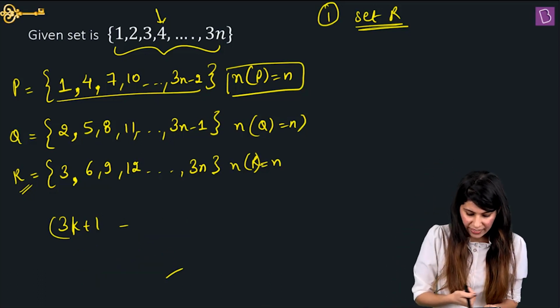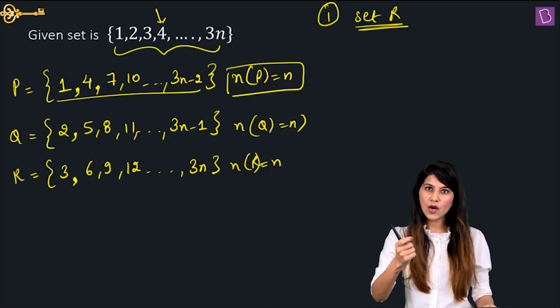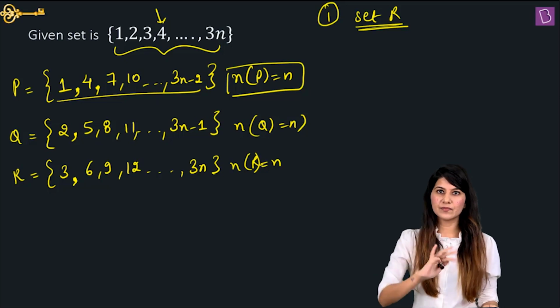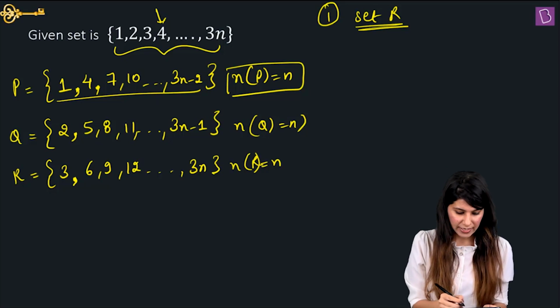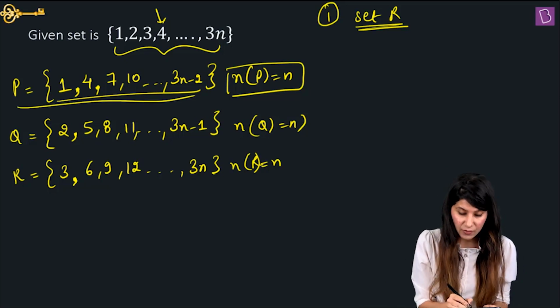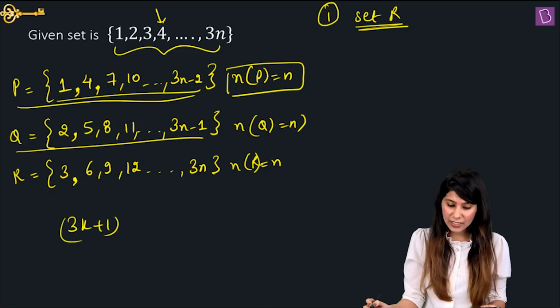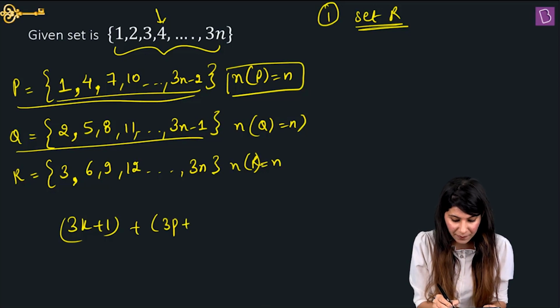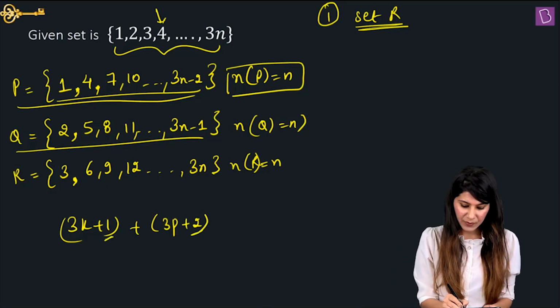Now let's think about something different: picking one number from set P and another number from set Q. Can this happen? Picking one number from set P, which form is this? 3k plus 1. And another number from set Q is 3p plus 2. Set Q means remainder 2, set P means remainder 1.